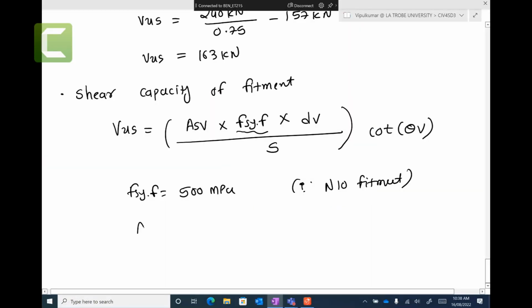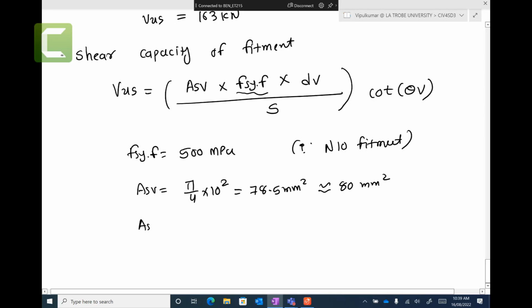If you have class N fitments, ductility class N, you have 500 megapascals. So 500 megapascals that we can use. ASV, we have a 10 millimeter diameter, so pi by 4 times 10 squared. You get about 78.5 millimeter square. I just take it 80 millimeter square, rounding it off.